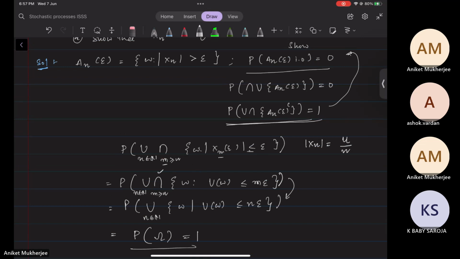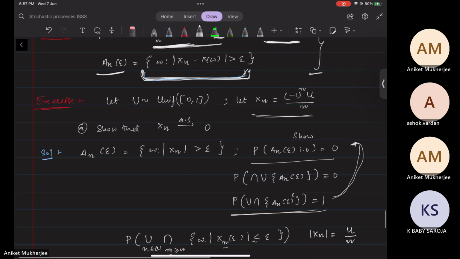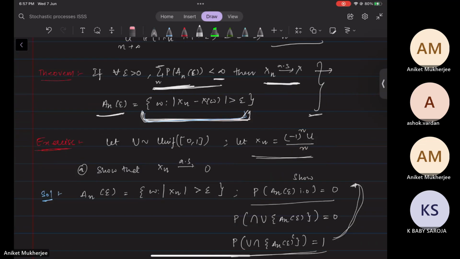So the probability of this equal to 1 implies that the probability of A_n epsilon infinitely often equal to 0. And from this theorem, you can say that the probability of A_n epsilon infinitely often equal to 0 implies that X_n converges almost surely to X. So this is how you can also show almost sure convergence.